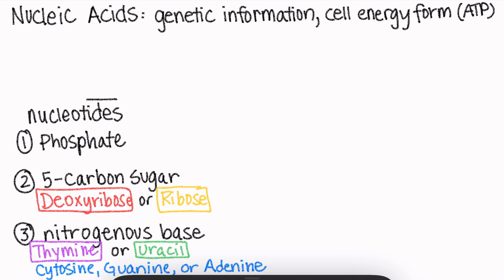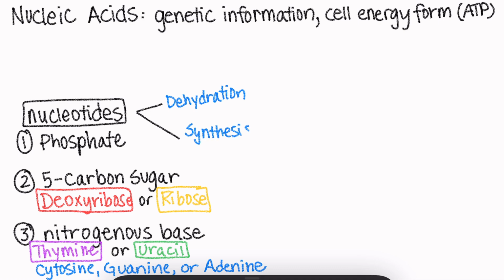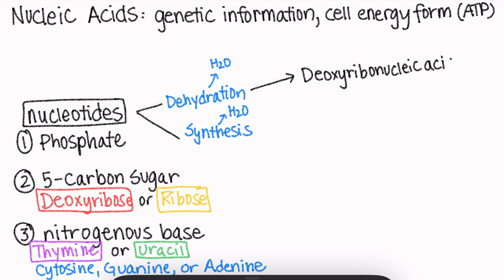Now, these nucleotides can be put together with dehydration synthesis to form nucleic acids, and remember, with dehydration synthesis, you're going to lose water as the nucleotides are put together. And then you're going to end up with a polymer known as deoxyribonucleic acid, better known as DNA.